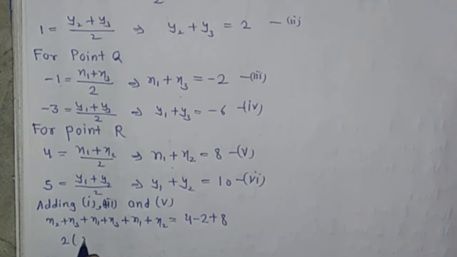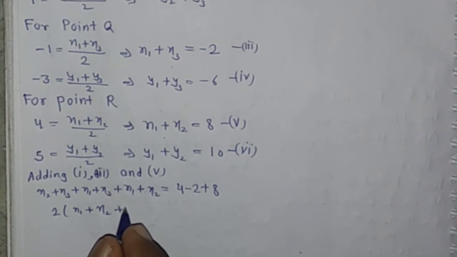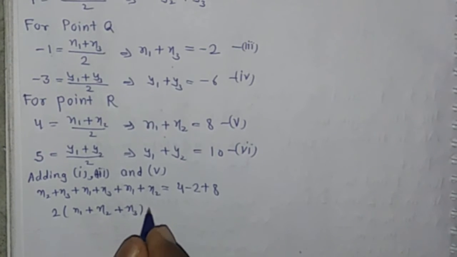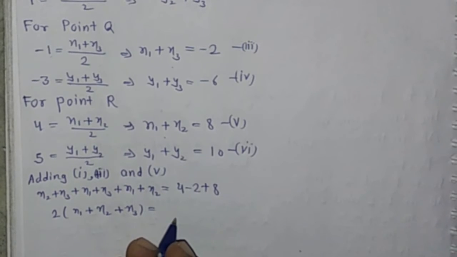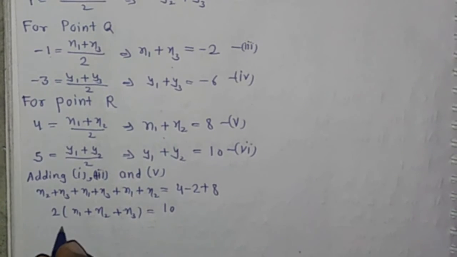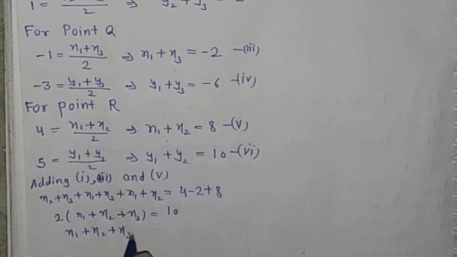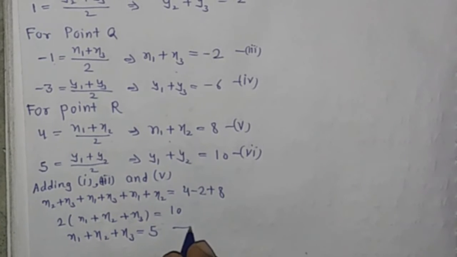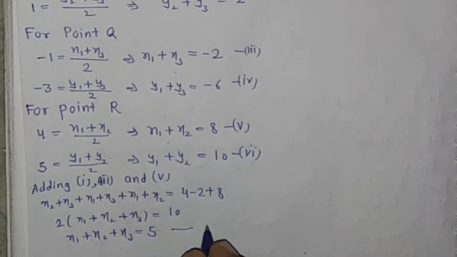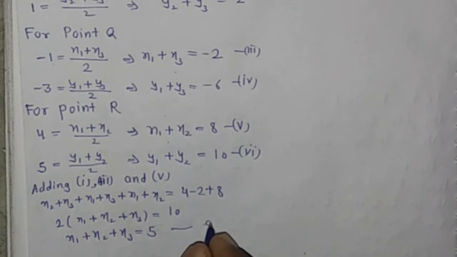Then 2 times x1, 2 times x2, 2 times x3, that is 2 times (x1 plus x2 plus x3), is equal to 10. Then x1 plus x2 plus x3 is equal to 5, and it is equation A.